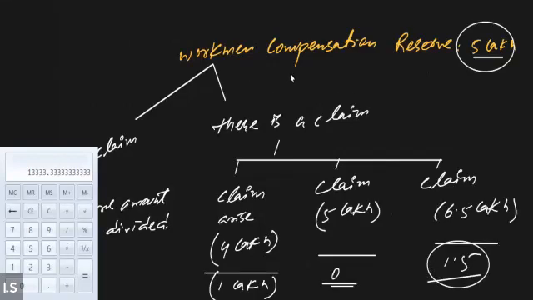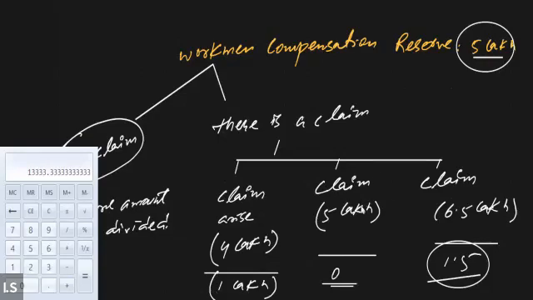Got it, everyone? If there is a compensation reserve, such reserve can be divided among the partners. The entire amount of compensation reserve can be divided among the partners if no claim has been made during the year. If a claim has been made, then accordingly the deduction will be made and the remaining amount will be distributed among the partners. Let's suppose the reserve is 5 lakh and the claim is for rupees 4 lakh only, then the remaining 1 lakh will be divided among the partners.